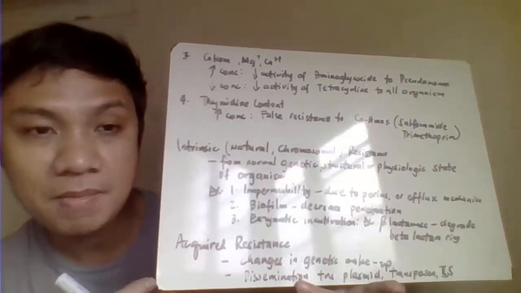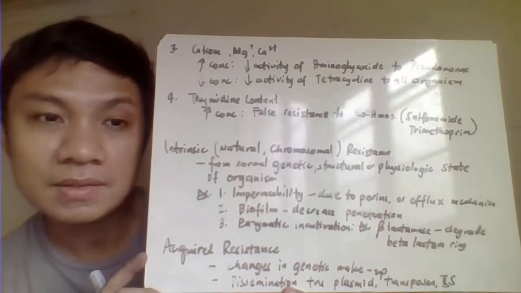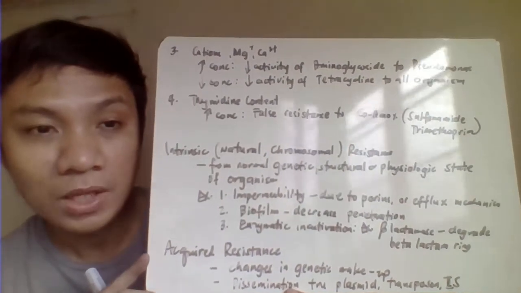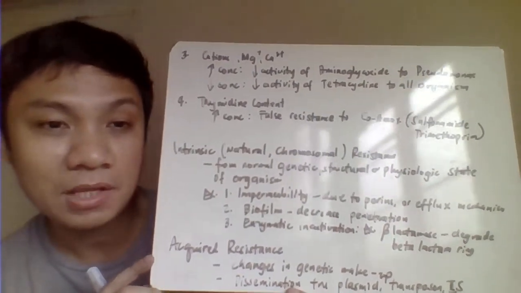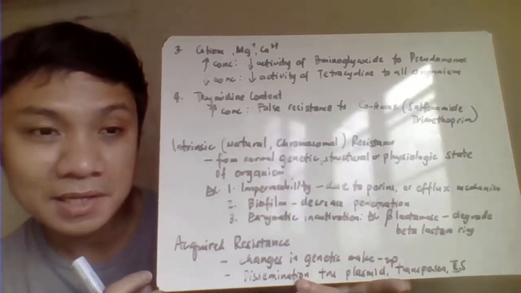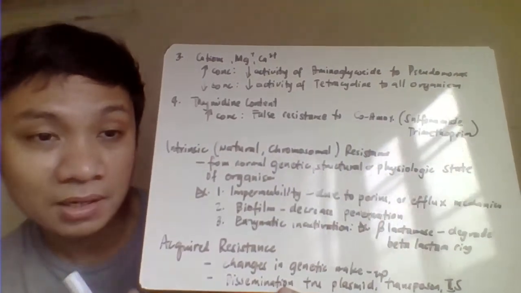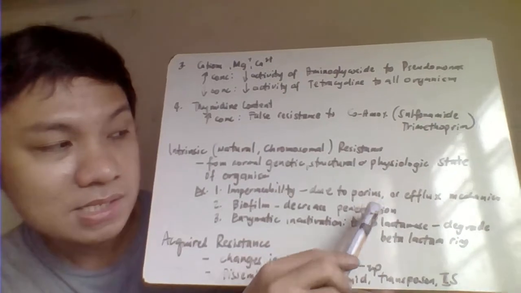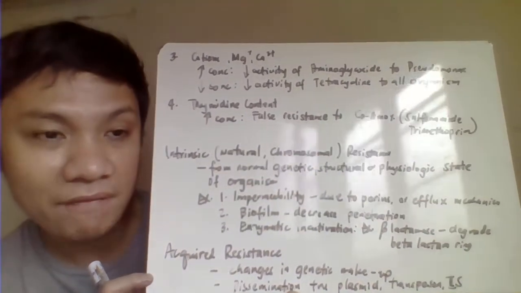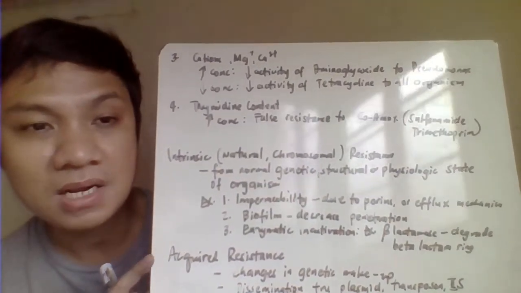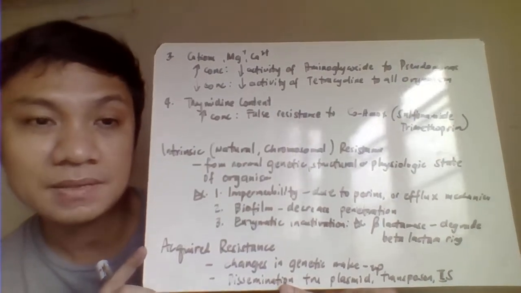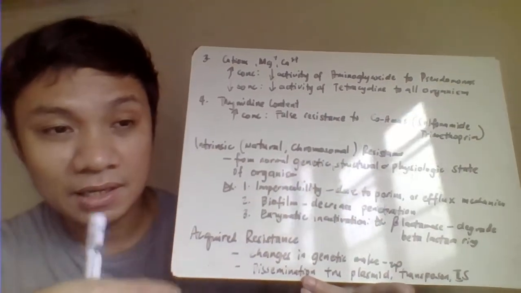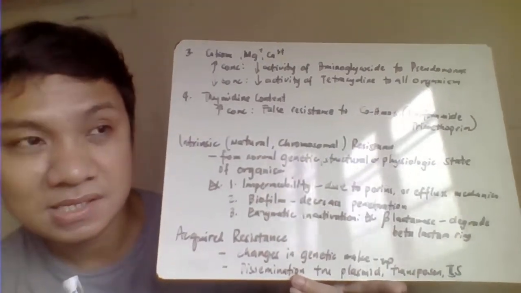Number one, impermeability. There are some microorganisms wherein the cell wall would not allow your antibiotic to gain entry. They are highly impermeable, as governed by their porins or even by their efflux. Efflux mechanism is a transport mechanism, efflux is palabas.